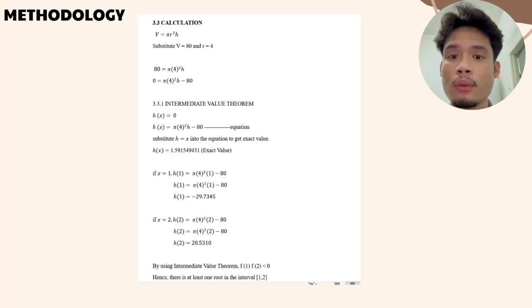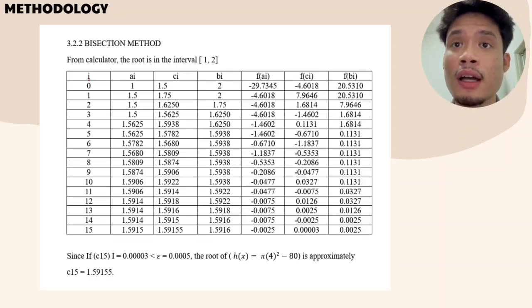Then we substitute 2, and we get 20.5310. So there are a negative and a positive value at 1 and 2, so there is a root in the interval, and we can do the bisection method.